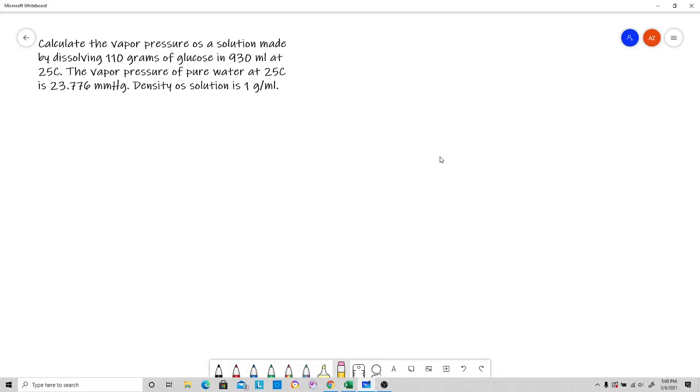Okay, so the first thing that we want to think of when solving this problem, it asks for the vapor pressure of a new solution. So we want to use Raoult's law. Raoult's law states that the pressure of the solution is equal to the mole fraction of the solvent times the pressure of the solvent.